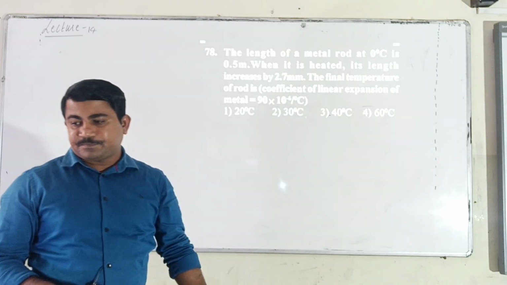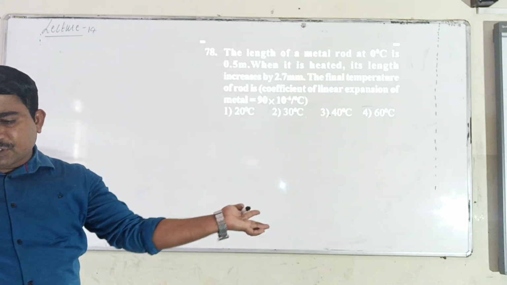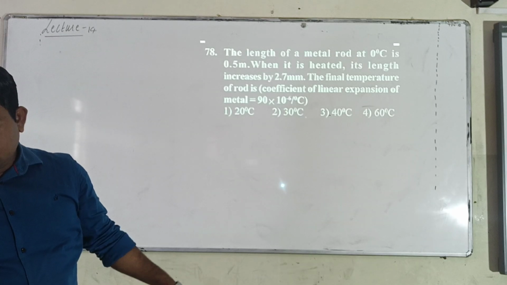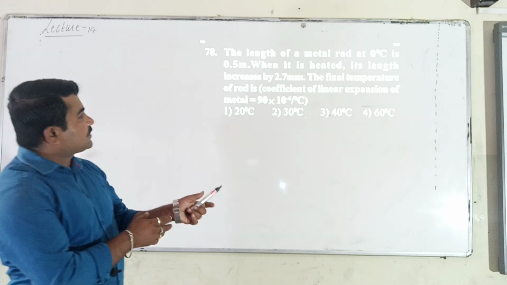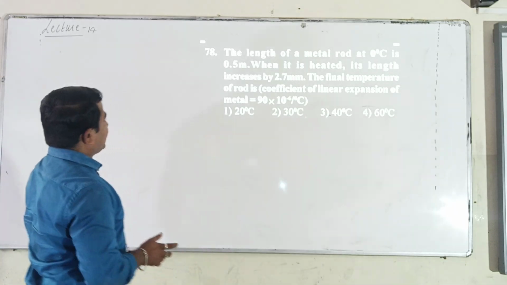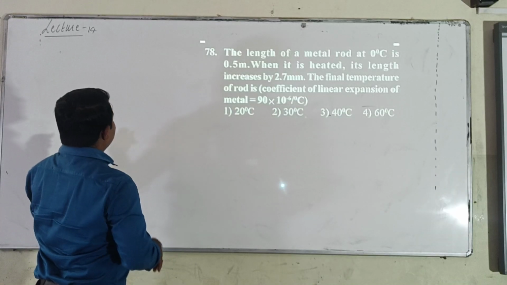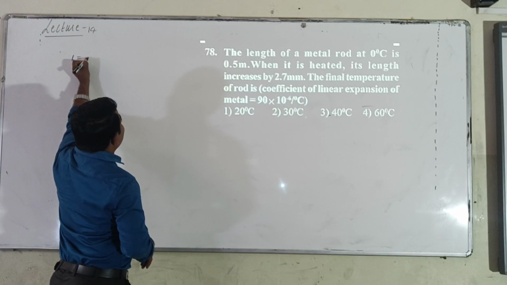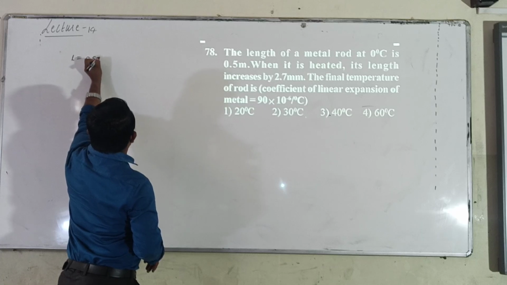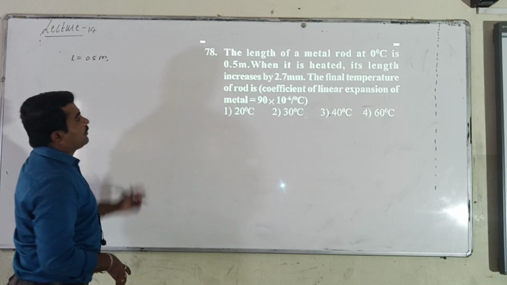Look at me here. Shall I go directly to this formula? Alpha is 90 into 10 raised to minus 6. The length of the metal is given. What is the length of the metal? L is equal to 0.5 meter.